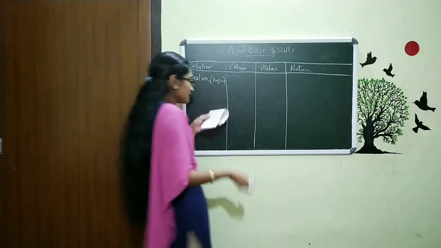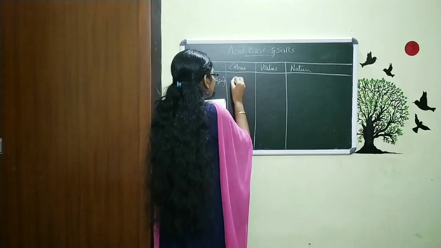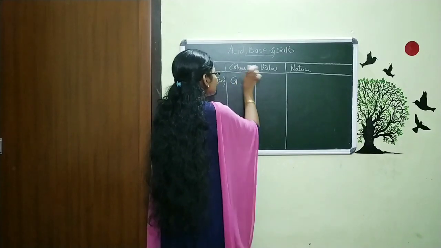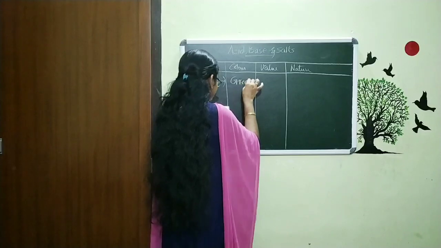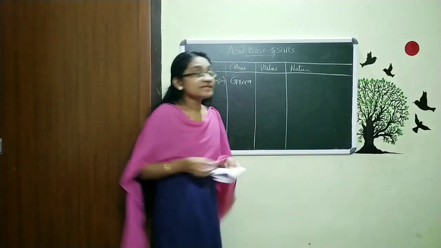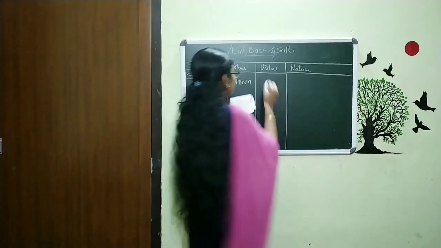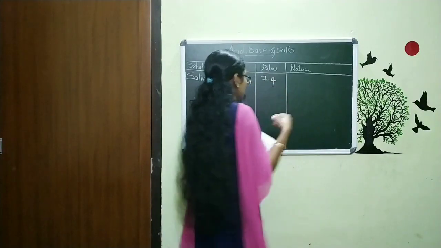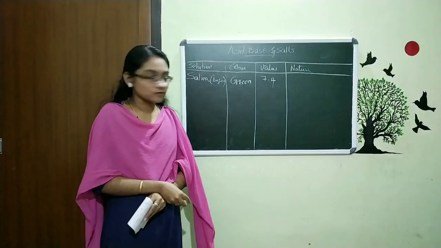When I observe this, I get the color as green. Approximately the color will be like this, green. And when we observe this, we get the pH value as 7.4.